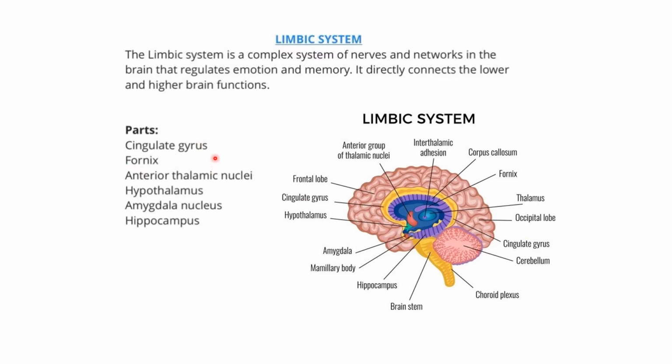The different parts: we have the cingulate gyrus, the fornix, the C-shaped tract, the anterior thalamic nuclei, hypothalamus, which is our topic for today, amygdala, which is found interiorly to the temporal lobe, and hippocampus.